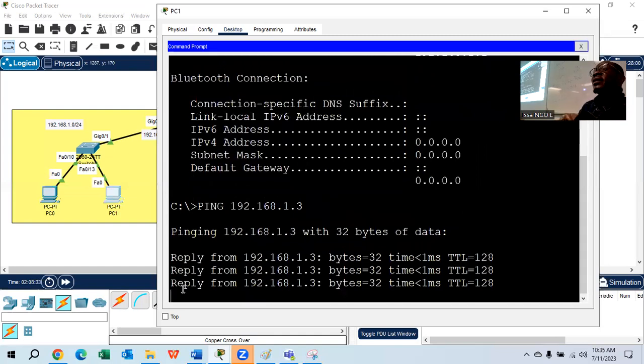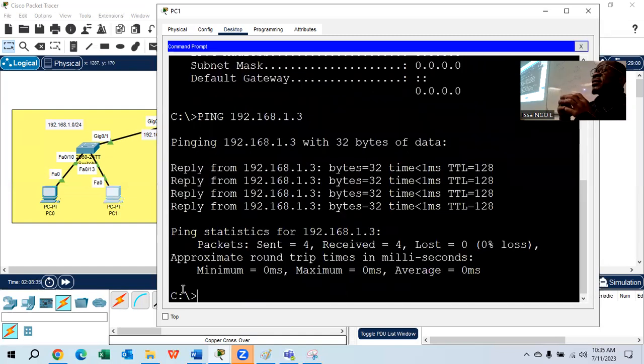Okay. Those computers on the yellow network can talk between themselves. They can also talk to the router.